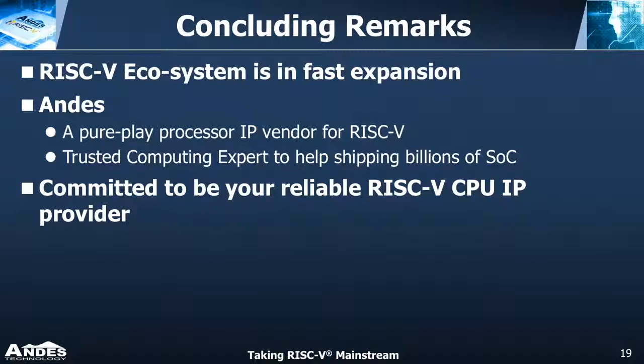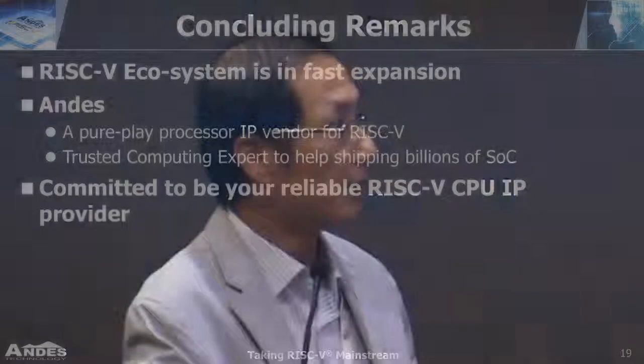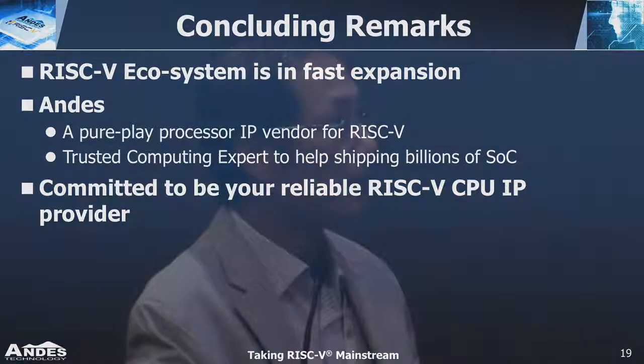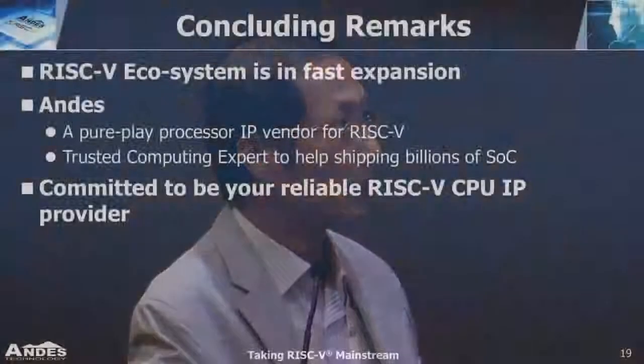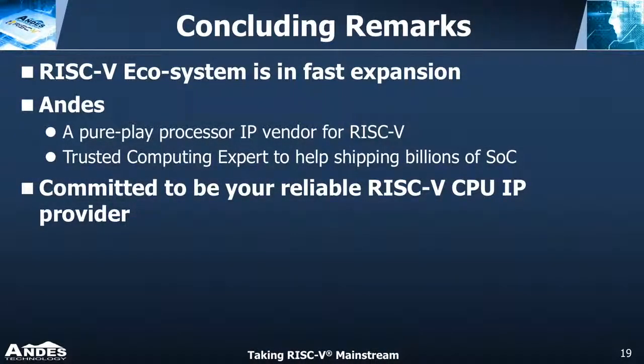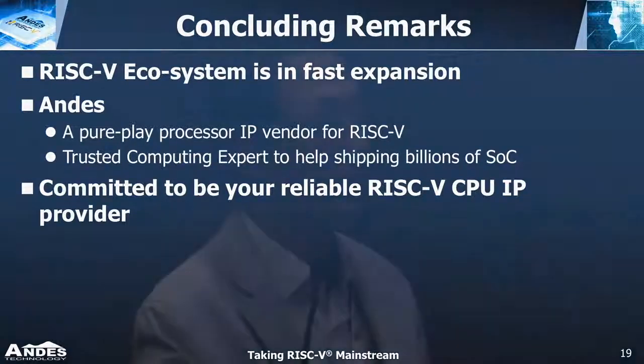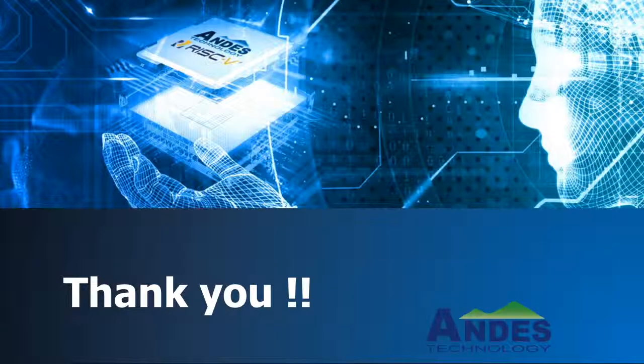We would like to be a pure player IP provider of RISC-V cores. And we intend to be a trusted computing expert to help ship millions of RISC-V-based SoCs in the future, like we already helped ship billions of Andes' own architecture-based SoCs in the past. The point is, Andes is committed to being your reliable RISC-V IP provider. That is my presentation. Thank you.